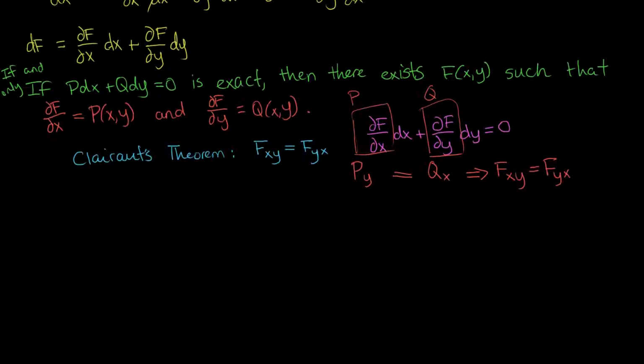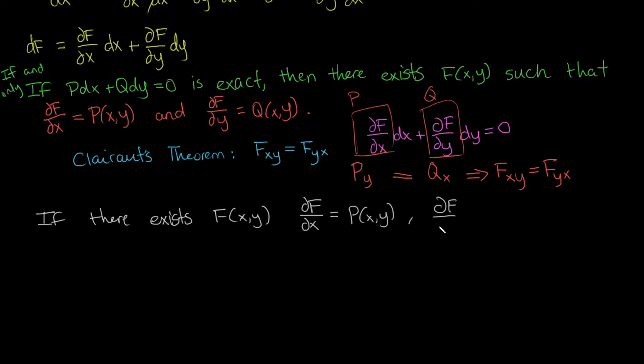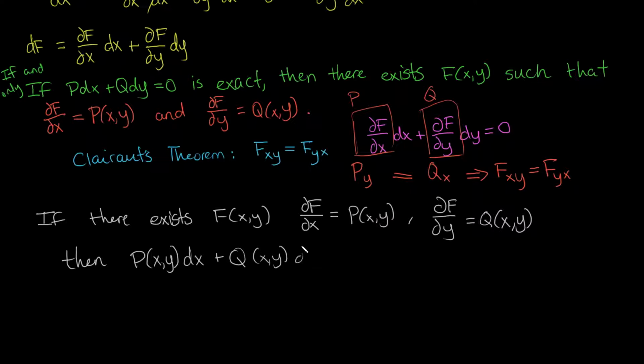And what we say is that if there exists some function f of x y for which the partial of f with respect to x equals our p, and the partial of f with respect to y equals our q, then the equation p of x y dx plus q of x y dy equals 0 is exact.